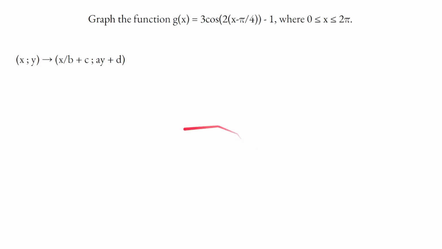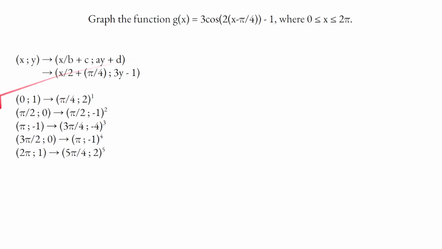We can simply graph the function by using this formula, by applying the transformations to each individual point. Now, if we apply this formula to the given function, we'll have x over 2 plus pi over 4 and 3y minus 1.